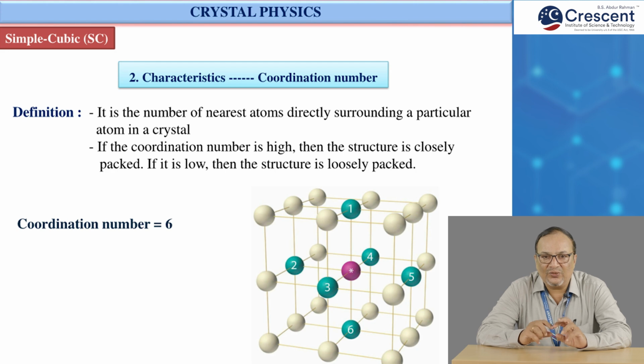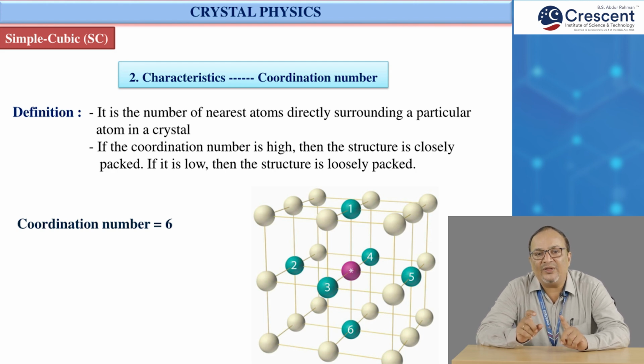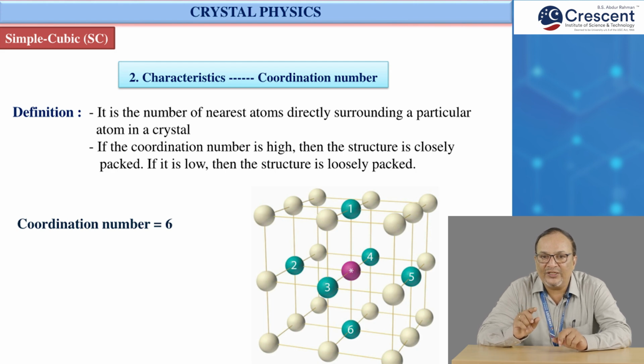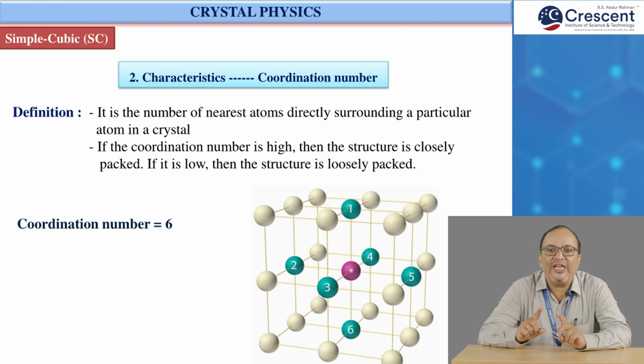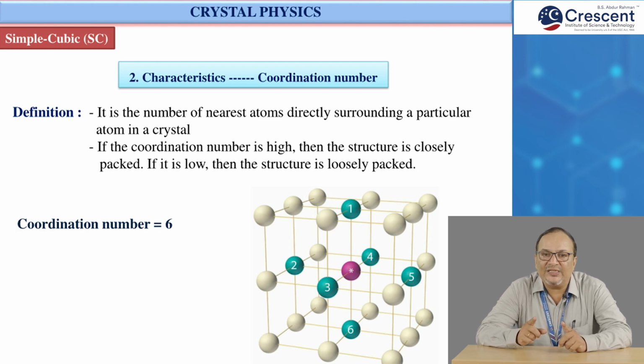Can you see how the coordination number is represented? 1 on the top, 6 on the bottom, that is the top and bottom, and 2, 3, 4, 5 are in the same plane. The reference atom is one corner of the 8 unit cells, represented here by the violet colored atom. You take that as your reference atom. So the coordination number is 6.